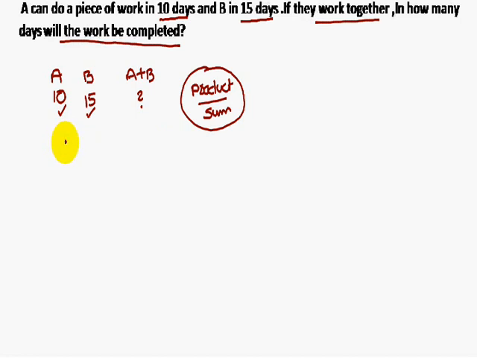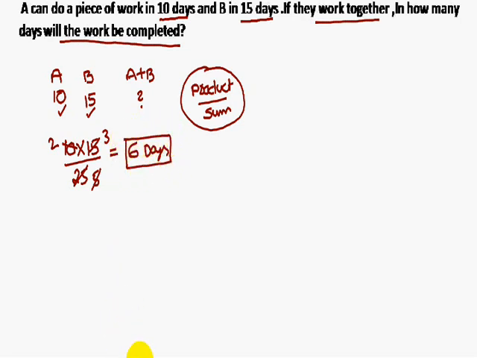Product means 10 into 15, by sum 25. So simplify this one: 5 2 times, 5 5 times, 5 again 3 times. Therefore in 6 days they are going to complete the work.